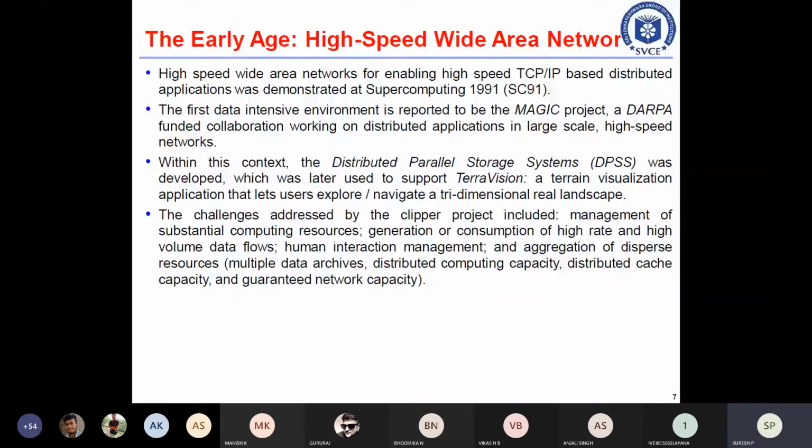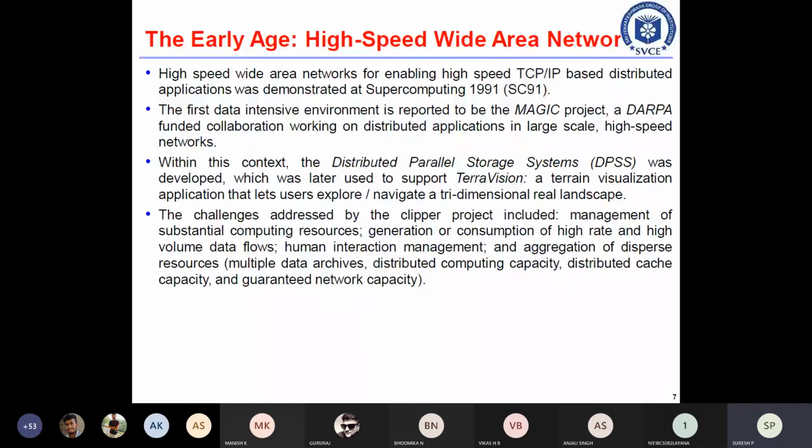Next, a distributed parallel storage system was developed after the DARPA funded distributed applications environment, which was later used to support TeraVision.